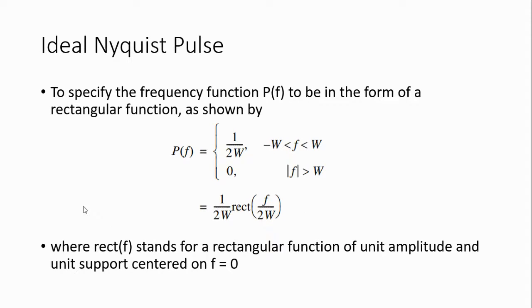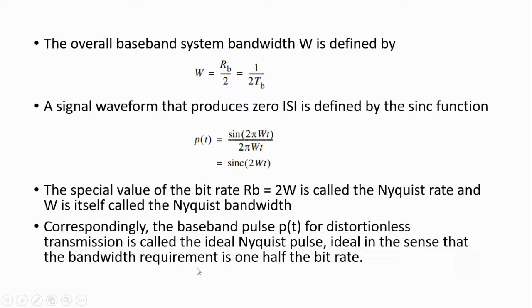Ideal Nyquist pulse. To specify the frequency function P of f in the form of a rectangular function, P of f is equal to 1 divided by 2W when -W < f < W, and 0 when the modulus of f is greater than W. This is the rectangular function 1 divided by 2W times rect of f divided by 2W, where rect of f stands for the rectangular function of unit amplitude and unit support centered on f equal to 0.